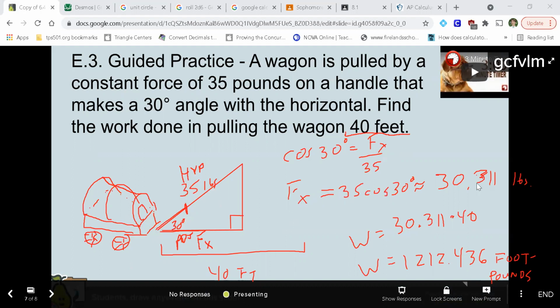Like this will be subtracted by the friction of however much this wagon weighs minus how much I'm lifting it with the handle. But I don't think that actually affects the amount of work you have done, because I'm still exerting this force, right? Times that. So I think that's fair. I imagine the friction won't even matter.